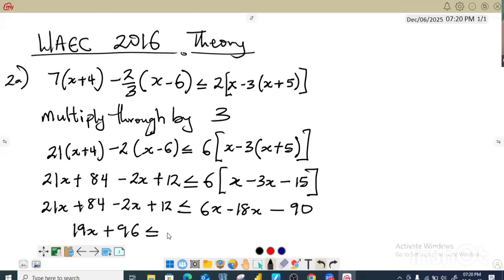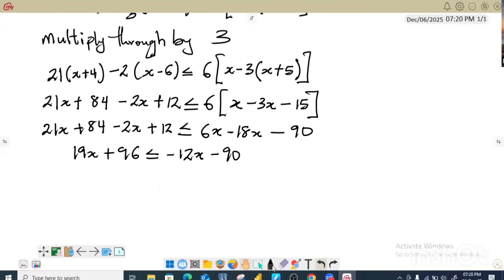And this will give us minus 12x minus 90. So we can have 19x plus 12x less than or equal to minus 90 minus 96.